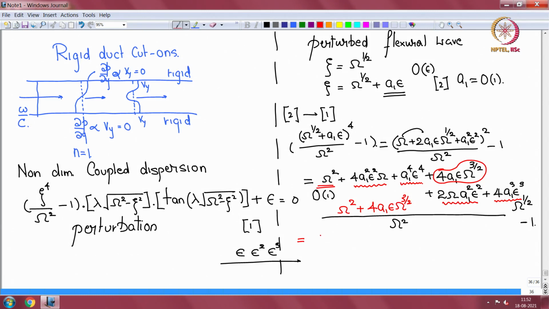I get 1 plus 4 A1 epsilon by omega to the power half minus 1, which is equal to 4 A1 epsilon by omega to the power half. So, this first term is what we have found using this substitution.